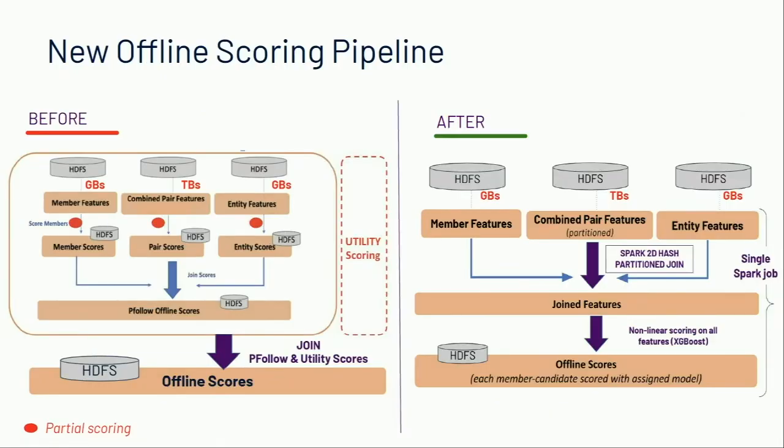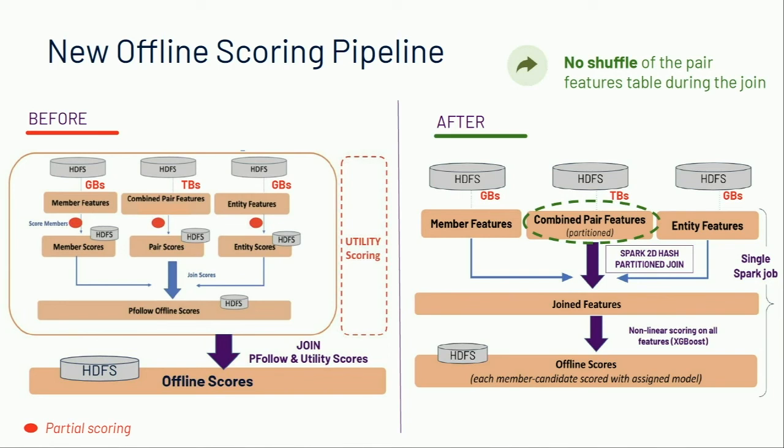After we adopted this 2D hash partition join and refactored our scoring pipeline, this is what it looked like on the right. On the left side, you have the old scoring pipeline. The first improvement is that we do not need to shuffle the pair features table during the join anymore.